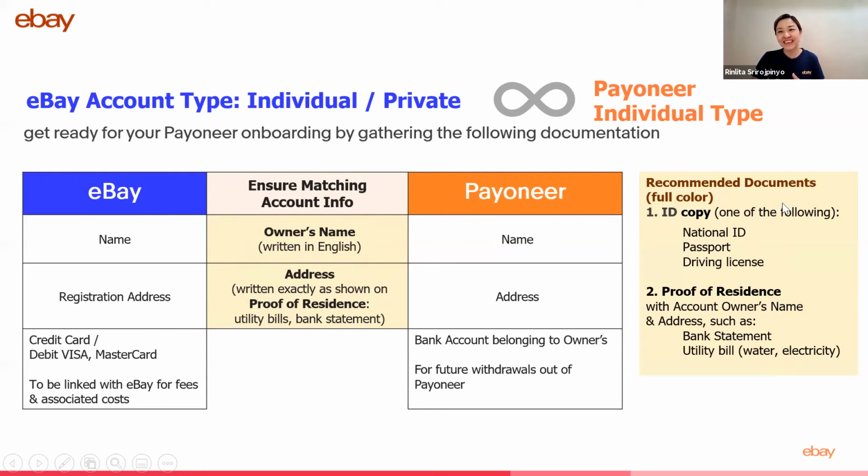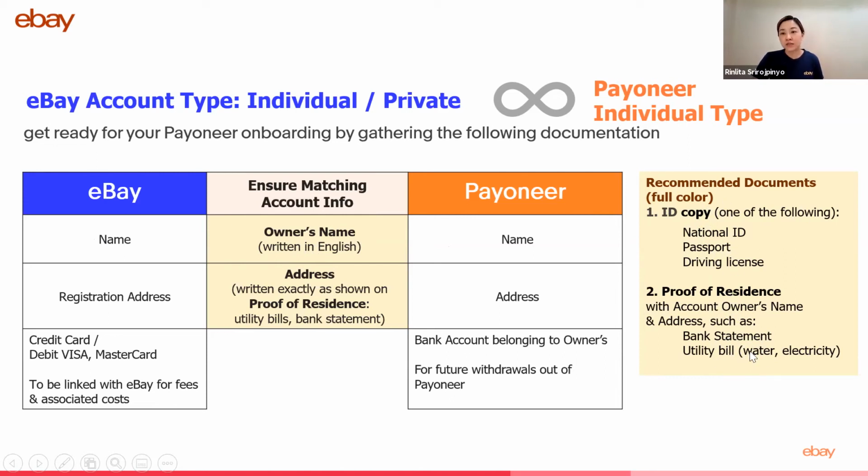It's a simple list of recommended documents that you can prepare because Payoneer may ask for this documentation upon registering for eBay MP. So let's say for the individual type of account, the documents that you need to prepare are the ID copy of the account owner, and then the proof of residence, for which you can use bank statements or utility bills.